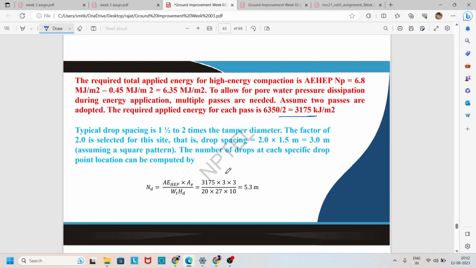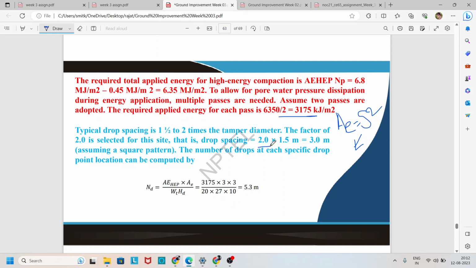After that, we find the number of drops for each point. To find the number of drops for each point, we first have to find the equivalent influence area. Here we applied the square pattern. The formula is that the equivalent influence area is equal to the spacing squared, where S is the spacing. To find the spacing, we assume it is 1.5 to 2 times the tamper diameter.